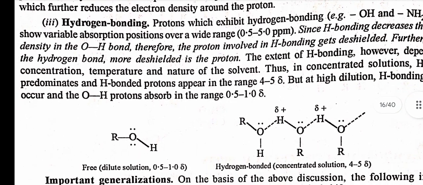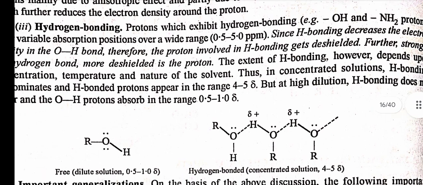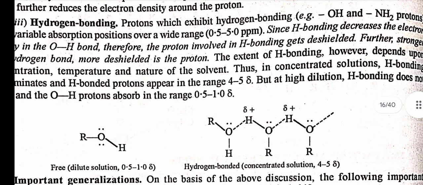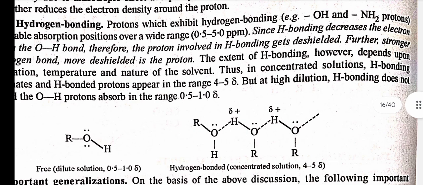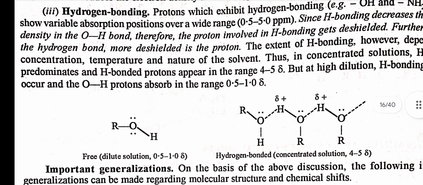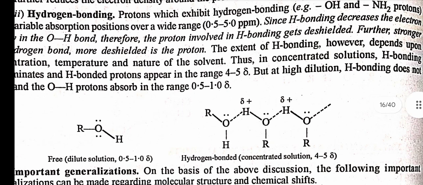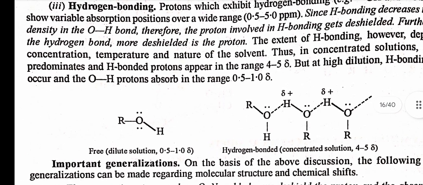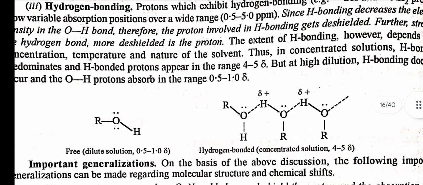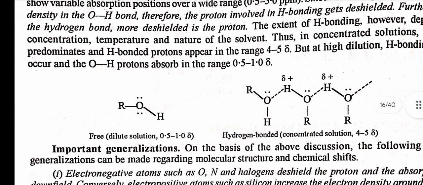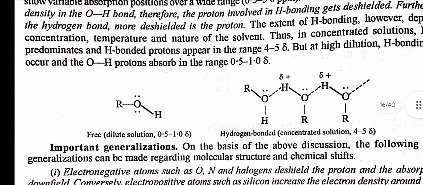Hydrogen bonding. Protons which exhibit hydrogen bonding show variable absorption positions over a wide range. Since H bonding decreases the electron density in the OH bond, the proton involved in H bonding gets de-shielded. Further, stronger the hydrogen bond, more de-shielded is the proton. The extent of hydrogen bonding, however, depends upon concentration, temperature and nature of the solvent.